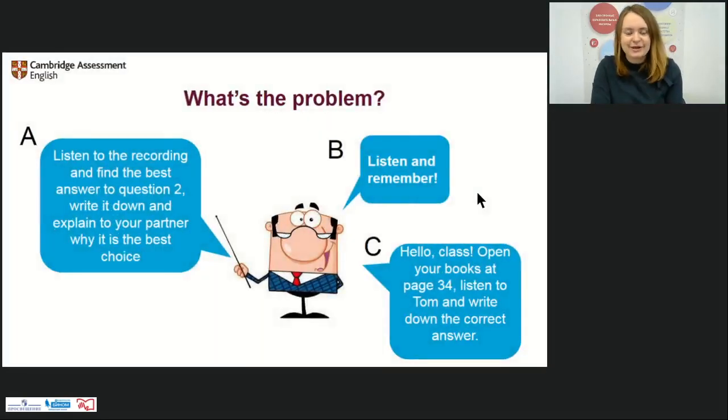Okay, so I have here some examples of instructions that we as teachers sometimes give our students. But there's something wrong with them. Can you guess what is wrong and what probably can be improved? Can you type in the chat any answers? What's wrong with number A?